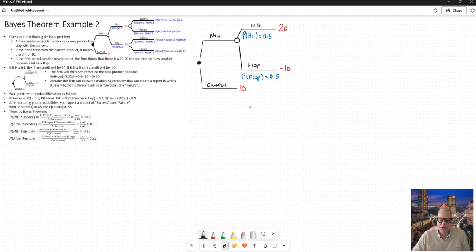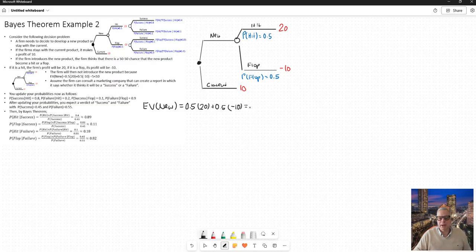So in order to answer the question, you would calculate the expected value from introducing the new product and compare it with what you have for certain, which is going with the current. So the expected value of introducing the new product would be, you can expect with a probability of 0.5 a profit of 20, and with a probability of also 0.5, you can expect a loss of 10.